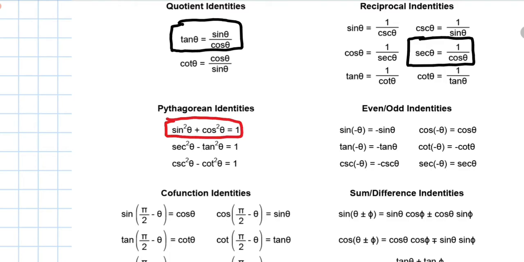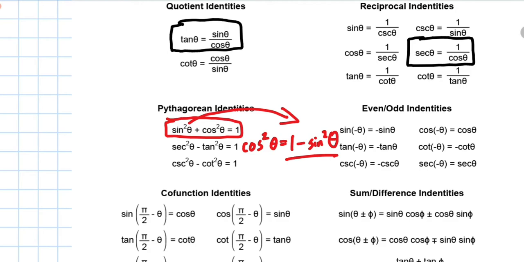But the one that we're going to use today is when you move the sine squared theta, which is this first term, over to this side of the equal sign. We can rewrite that as cosine squared theta equal to 1 minus sine squared theta.